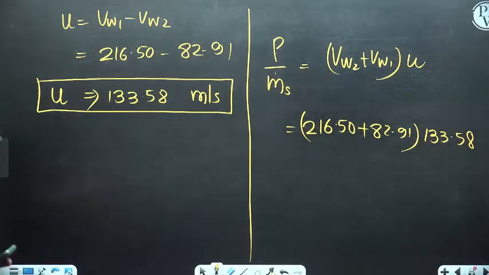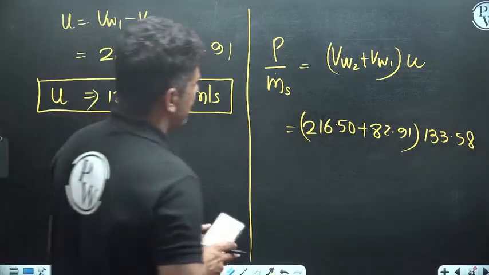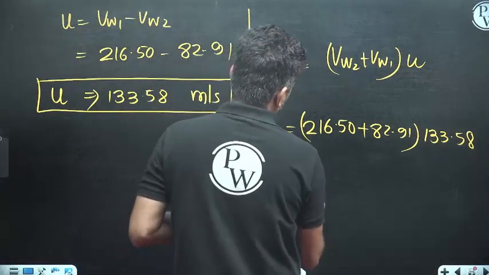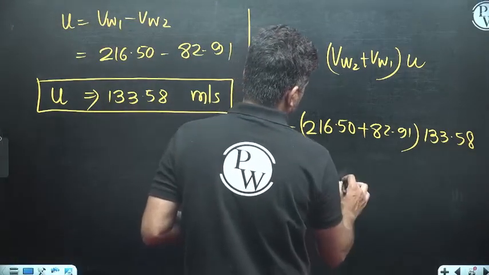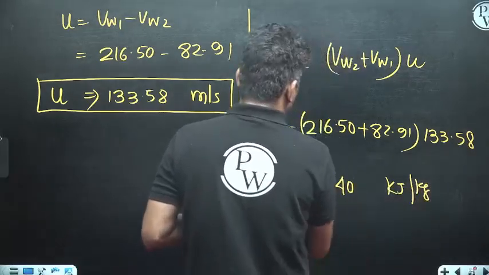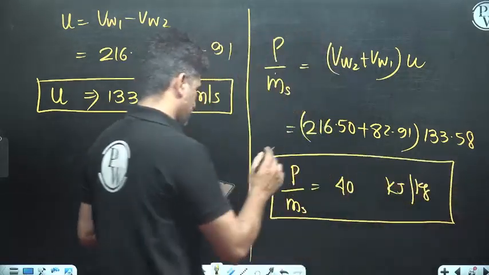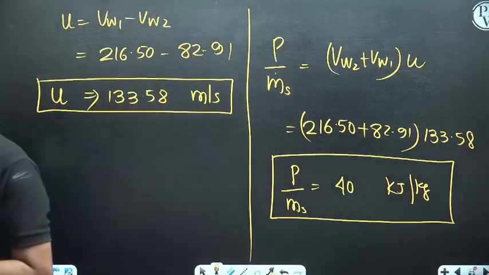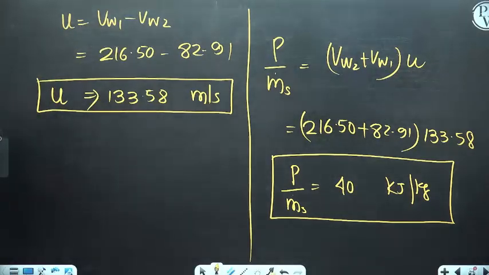So this comes out to be 40 kilowatt. P by m dot s is coming out to be 40 kilojoule per kg. I hope everybody is getting this answer. Yes or no? Is it clear? Understood?